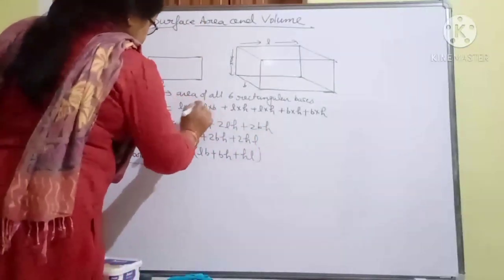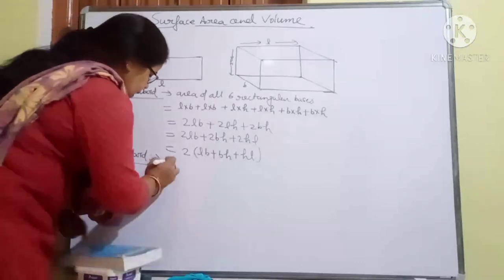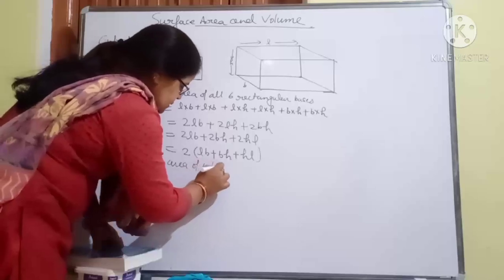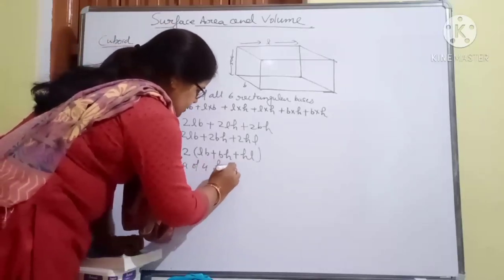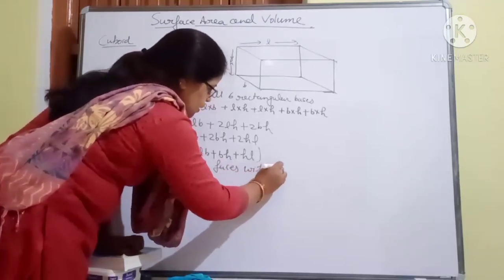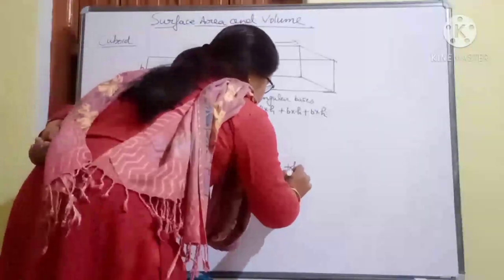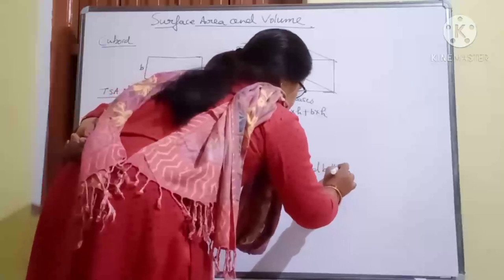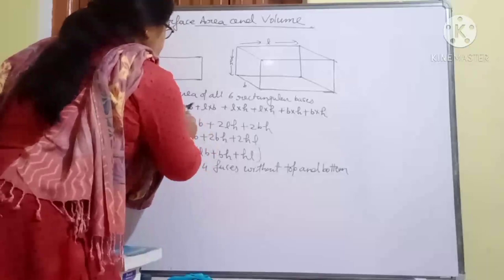Okay, so the lateral surface area of a cuboid is equal to the area of four faces without top and bottom. So what will it be, beta? This top and bottom face will not be included.